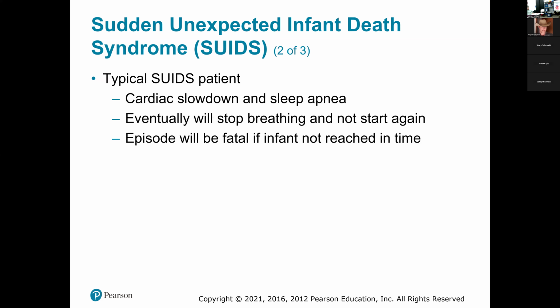The infant is not reached in time. Majority of the cases that I've been called on, they put the child to bed, woke up the next morning, were surprised that the baby slept through the night, went in to find them purple, rigor set in. So there was no resuscitation done on those children.